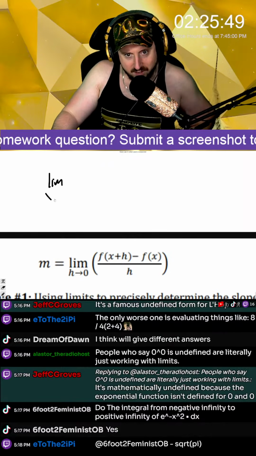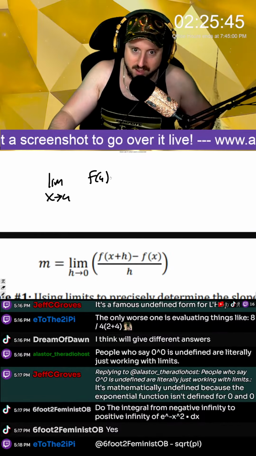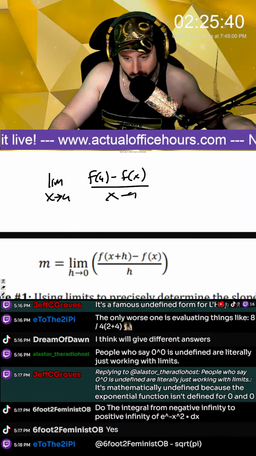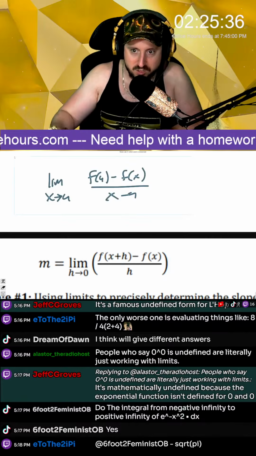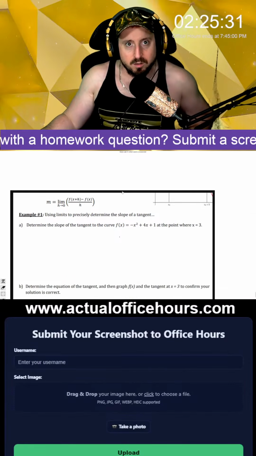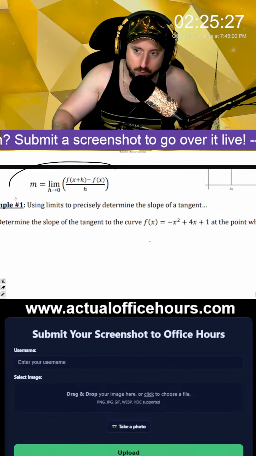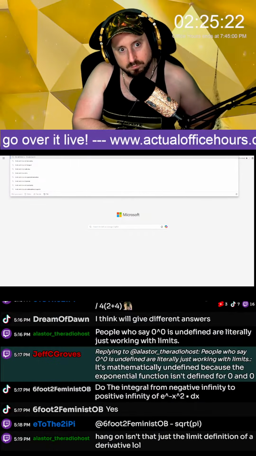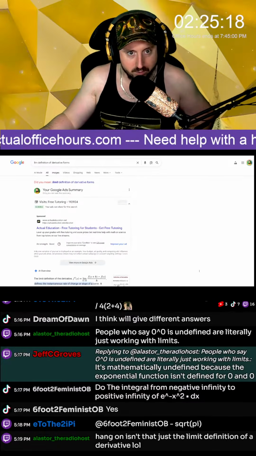I want to say it's x approaches a, right? And then it's like f of a minus f of x over like x minus a. Like, this one's gross. I get that it's kind of the same as this, but it's much nicer when it's like the limit as h approaches 0. This is the limit definition of the derivative, yes, but there's 2 different forms to it that you guys learn in like school.